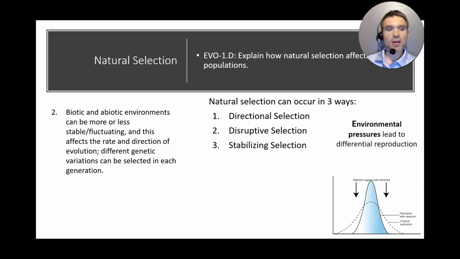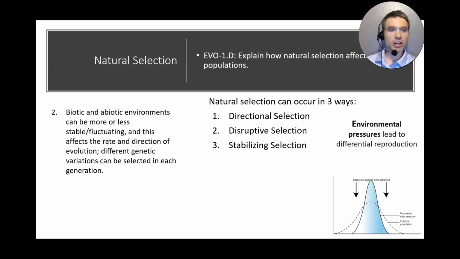Now, most babies are born at an average size, such that babies that are too small are usually premature, and therefore their chances of survival are much less. Whereas babies that are too large have a lot of complications during the birthing process, and their chance of survival, once again, is very low.